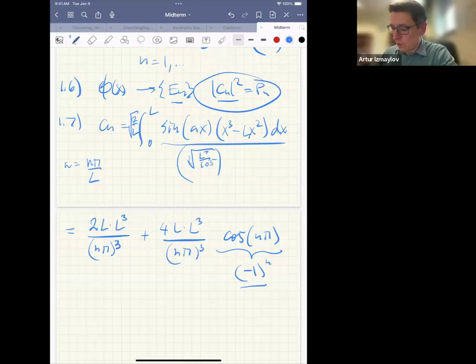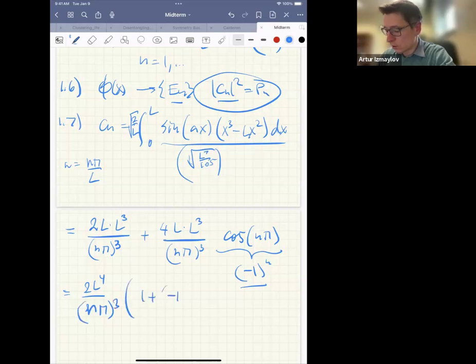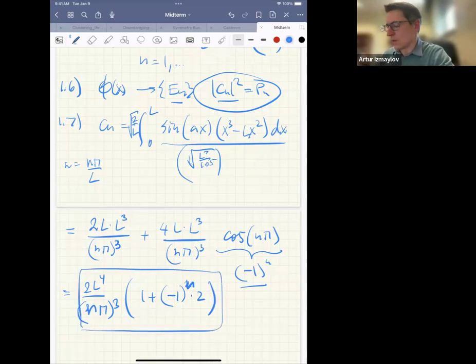And the final formula then becomes 2 to the L to the 4th over n pi cubed, times 1 plus -1 to the power of n, times 2. So that's what you get, and that's the Cn. And then Cn squared will be the probabilities.